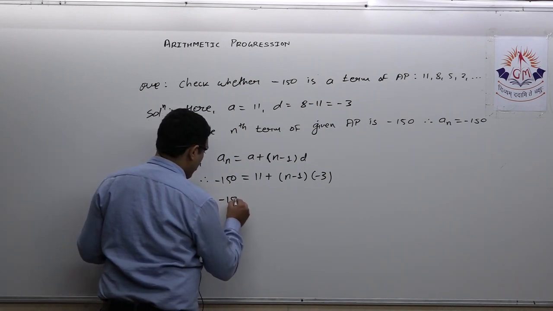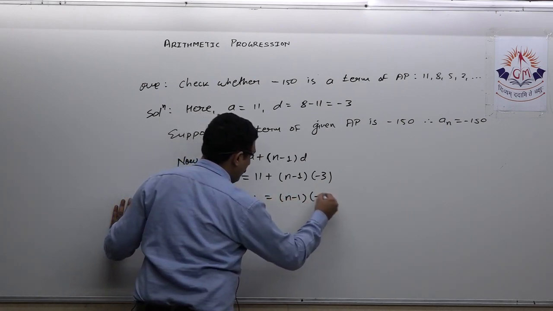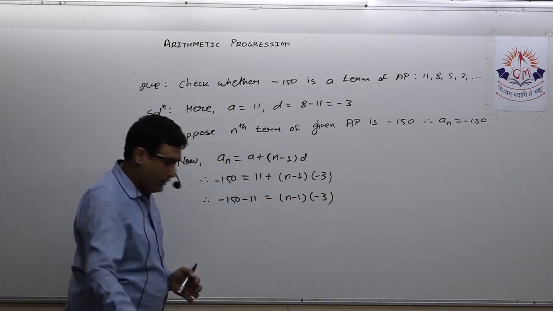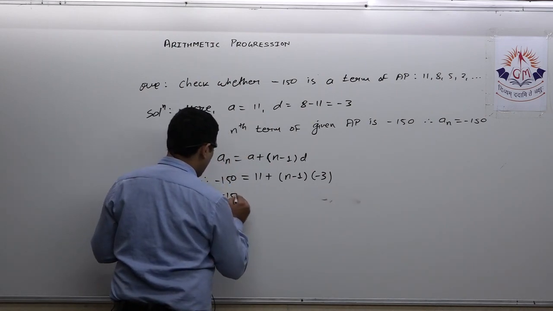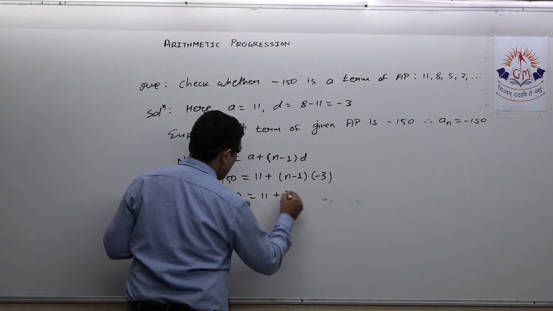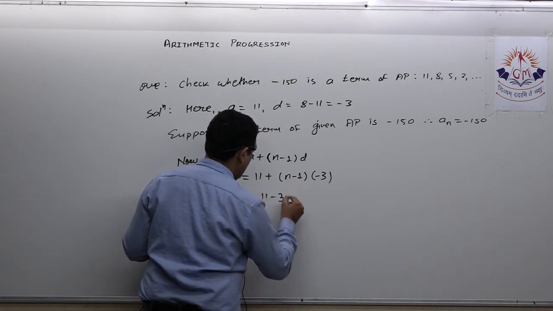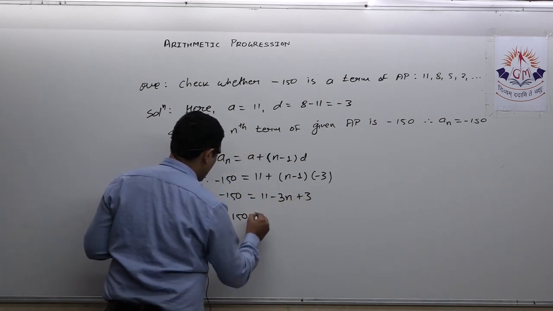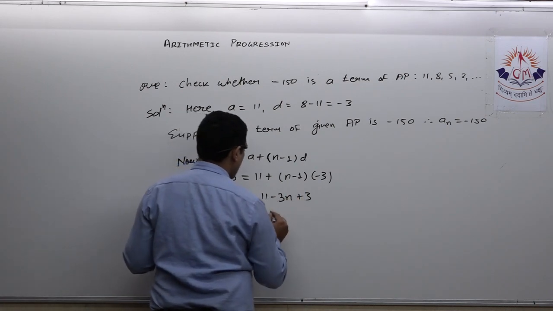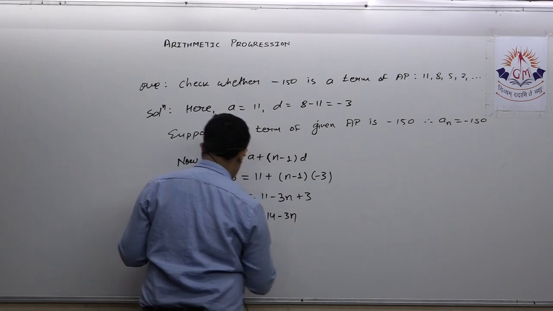So minus 150 minus 11 is equal to n minus 1 into minus 3. Or if I solve this in this way, minus 150 is equal to 11 minus 3n plus 3. So minus 150 is equal to 11 plus 3, 14 minus 3n.